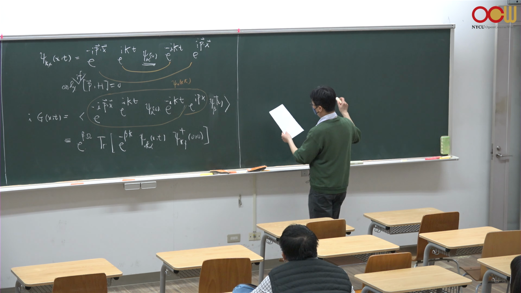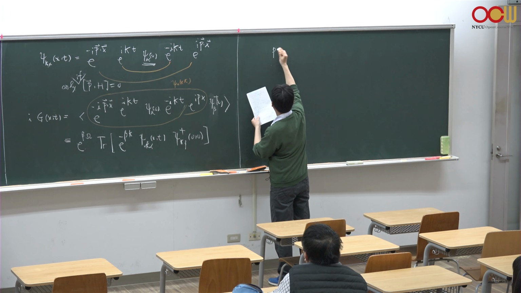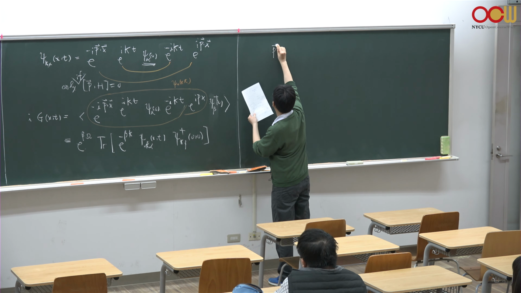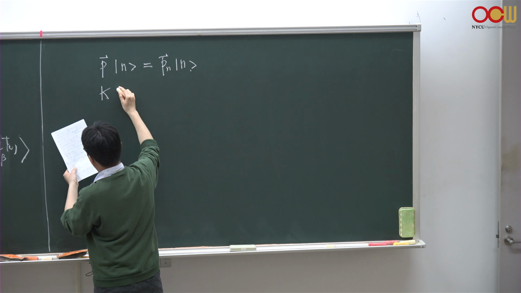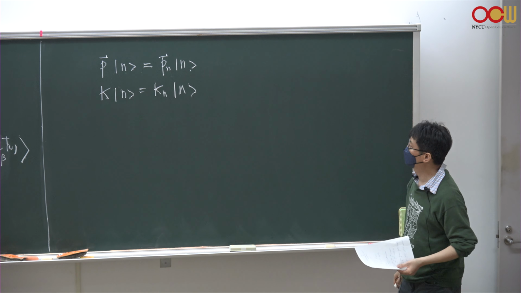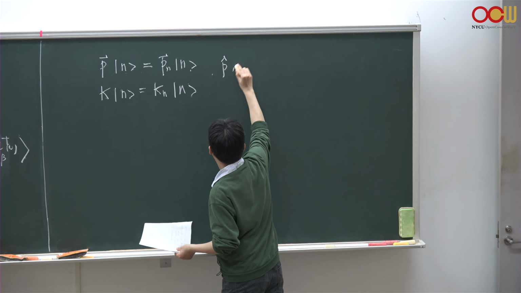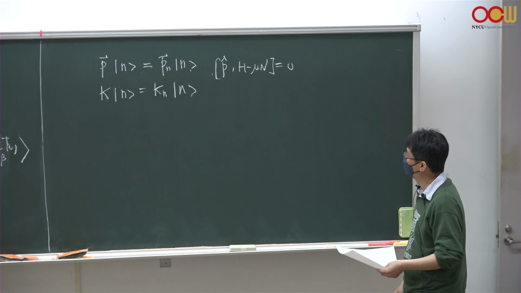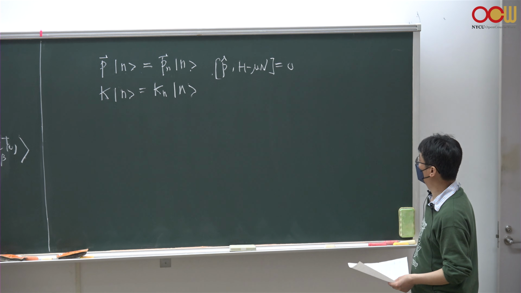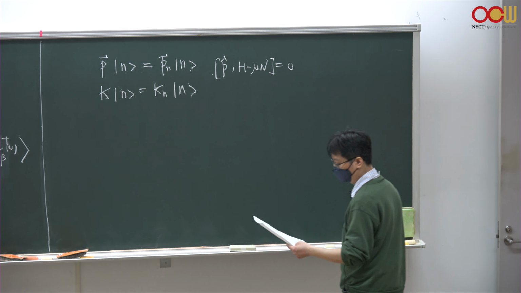Since we already mentioned that the momentum operator commutes with the Hamiltonian, in other words, we have simultaneous eigenstates of the momentum operator and the Hamiltonian operator K, because p commutes with H minus mu n. So we could expand this trace in terms of any arbitrary complete set of eigenbases.